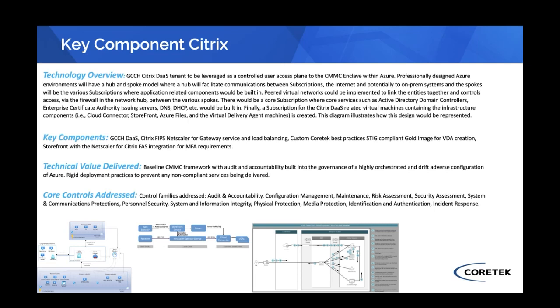But in this use case, we're calling out a GCC Citrix DaaS tenant, leveraging that in a way where we can provide access to the end users into the enclave in a highly rigid, highly scrutinized network architecture.